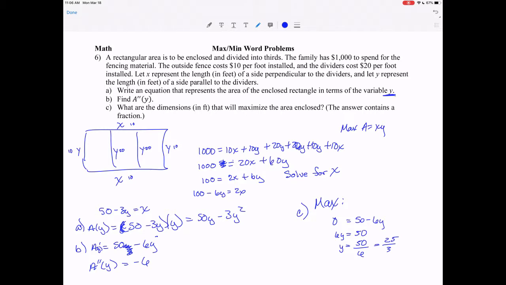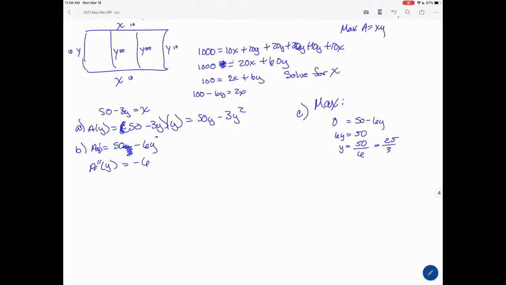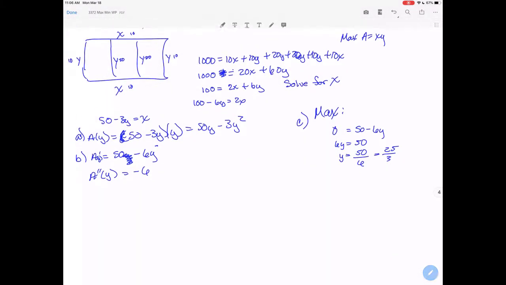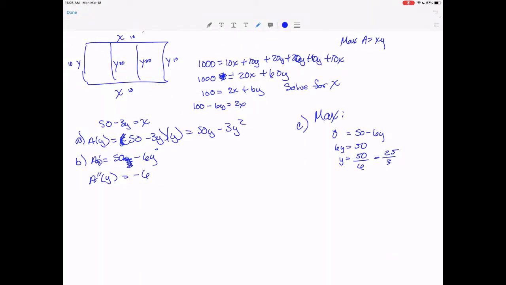Now I'm going to scroll up just a little bit. I'm going to use the second derivative, A double prime, and plug 25 thirds into that second derivative, which is less than 0. Notice this is less than 0 for any value I found, so that means that it is a max.